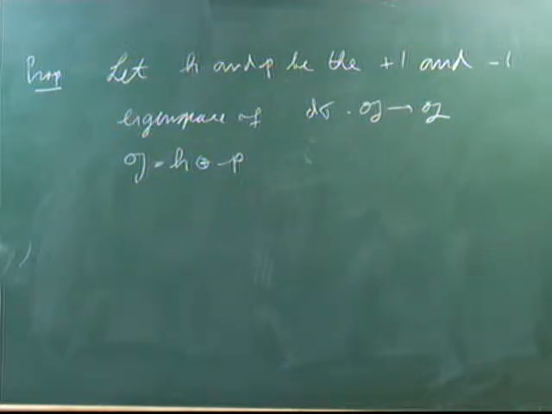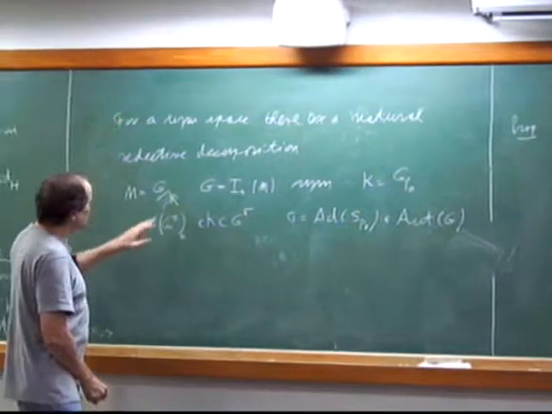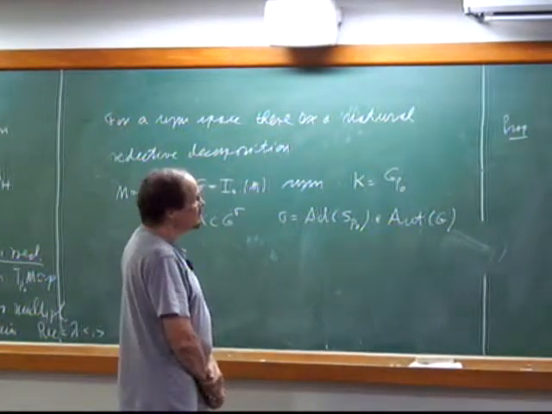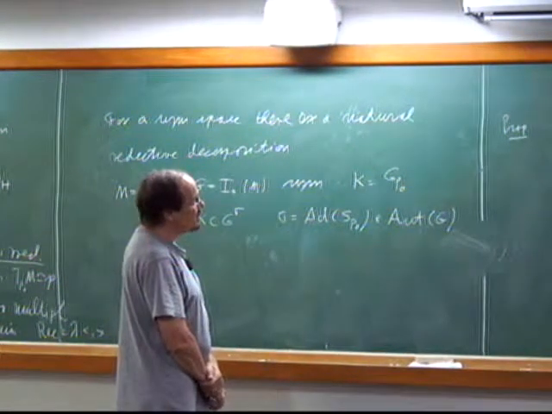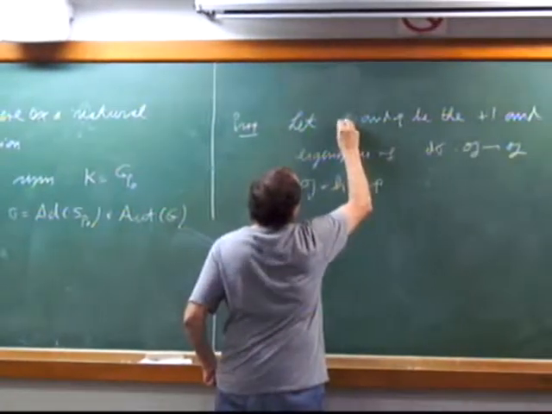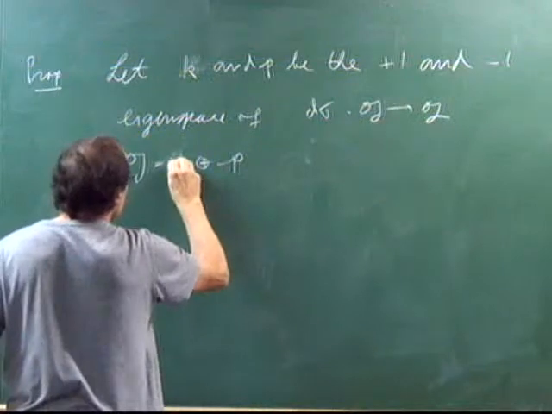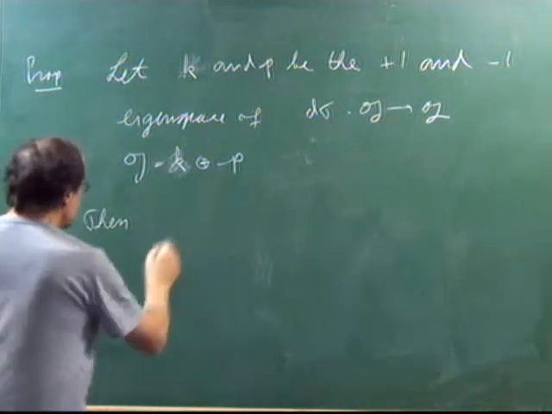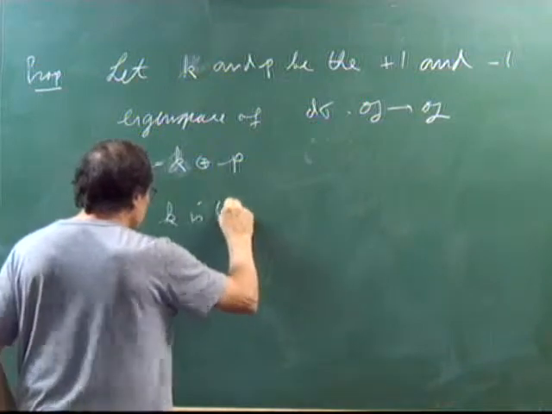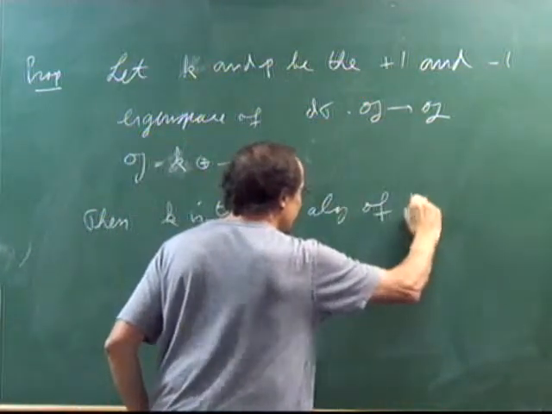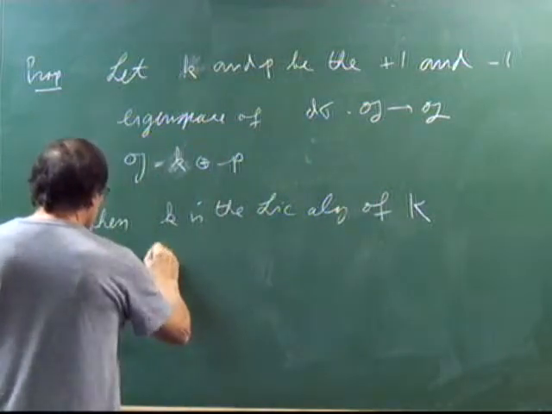So right now, forget about the isotropy group K here, although it's going to be the same. Maybe I should call it k then. So then k is the Lie algebra of K. So what do you expect?